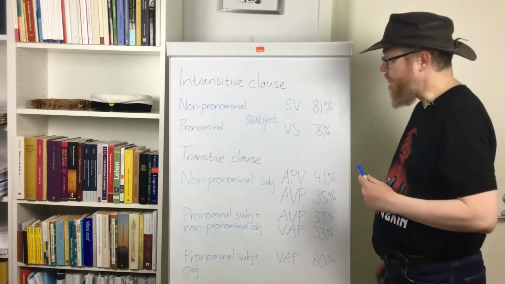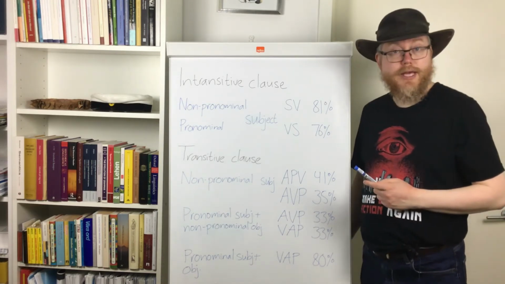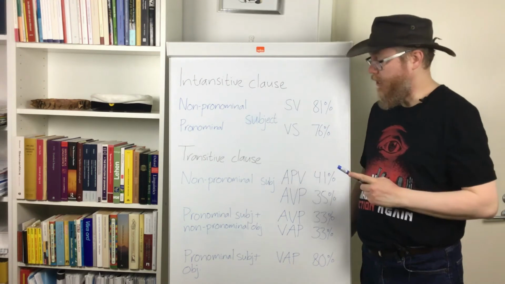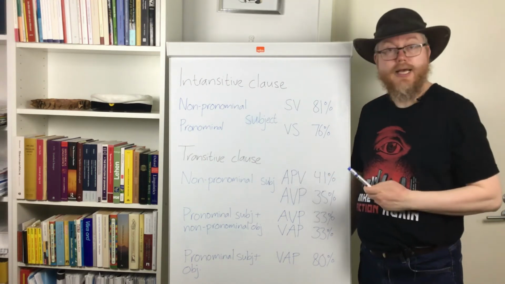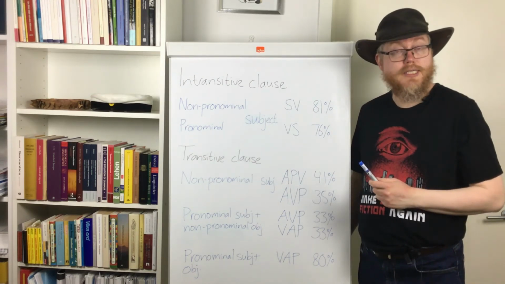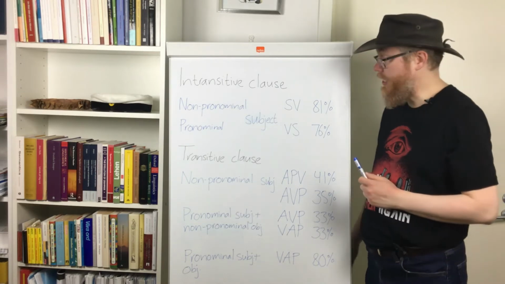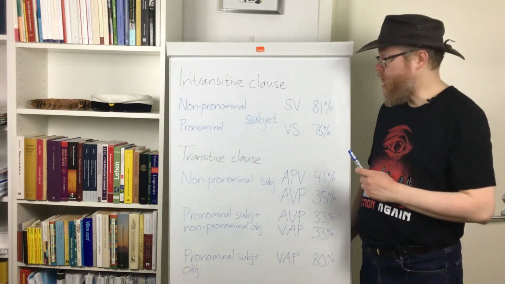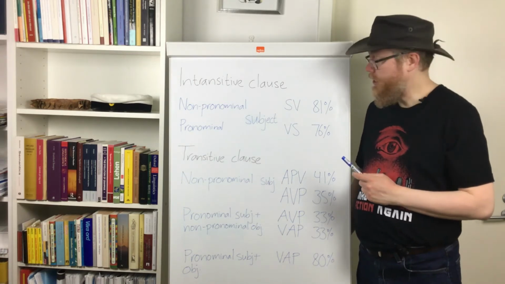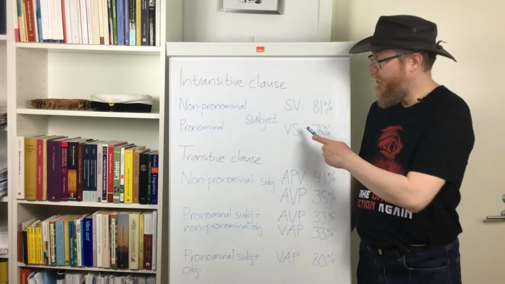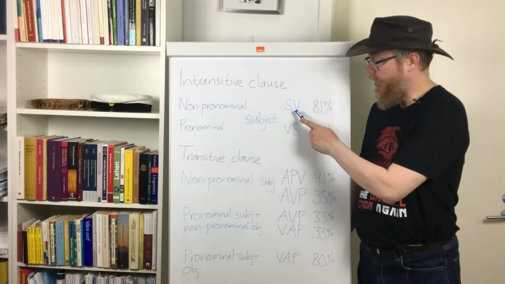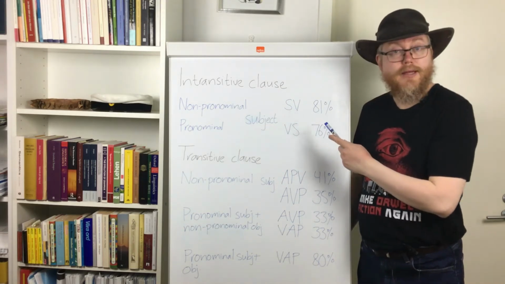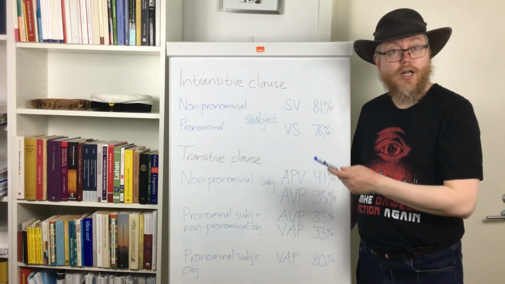But there are definitely things that can be said about intransitive and transitive Ngarla clauses. There are strong tendencies here. When it comes to intransitive clauses, clauses that prototypically include a subject and a verb, like, for example, Carl sleeps.